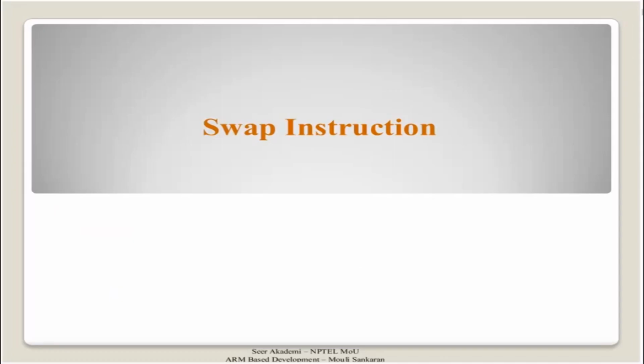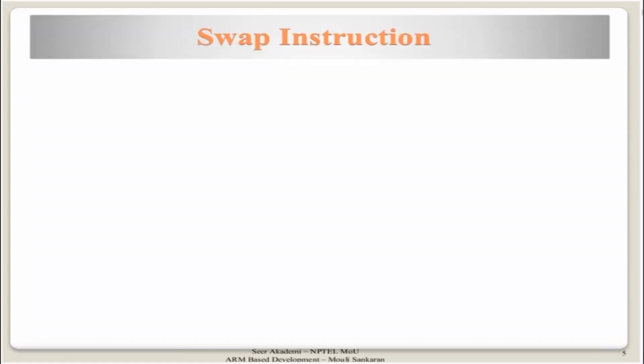Swap instruction. All of you are aware of what we mean by swap, right? Suppose you have one content in a particular place. Assume this is a register or memory.